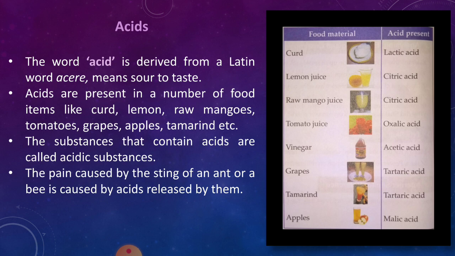Now you can see one image in which some food materials are shown along with their acids. Curd contains lactic acid, and milk also has lactic acid. Lemon juice has citric acid. Raw mango juice has citric acid. Tomato has oxalic acid.